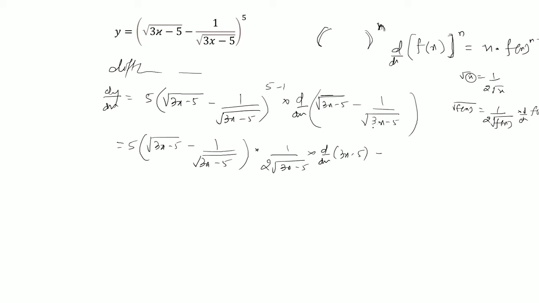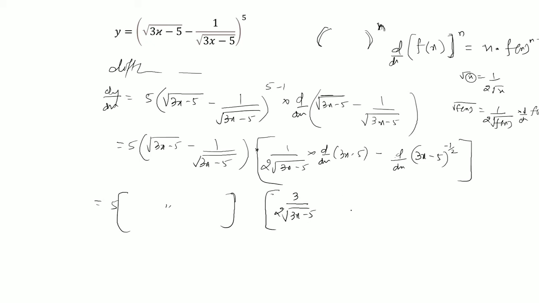Now we don't have a direct formula for the second part, so what we can do is, this is a single bracket, a root is represented as half. Taking it in the numerator, (3x minus 5) raised to minus half. So 5 into this first bracket remains the same, there is no change, this entire part will come here, and the derivative of 3x is 3, the derivative of 5 is 0, so 3 by 2 root of (3x minus 5).